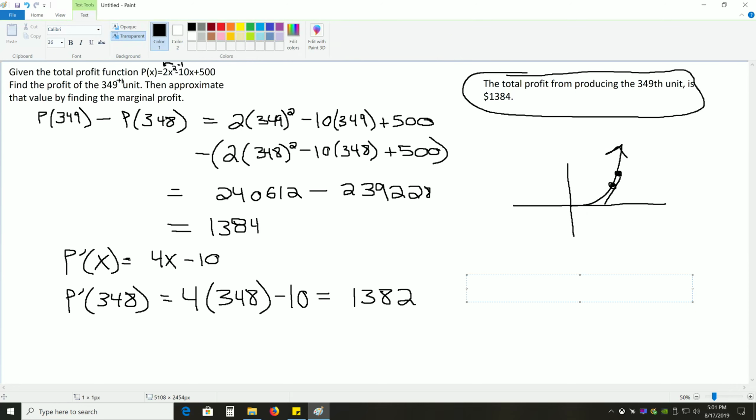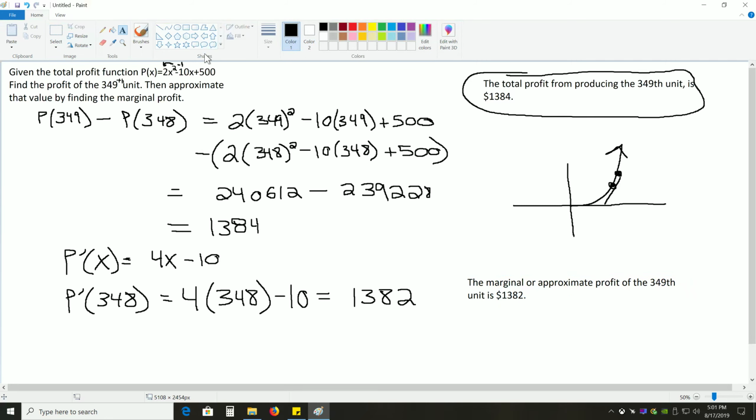We say that the marginal or approximate profit of the 349th unit is $1,382. And if you notice, that is approximately correct, as the actual value was $1,384.